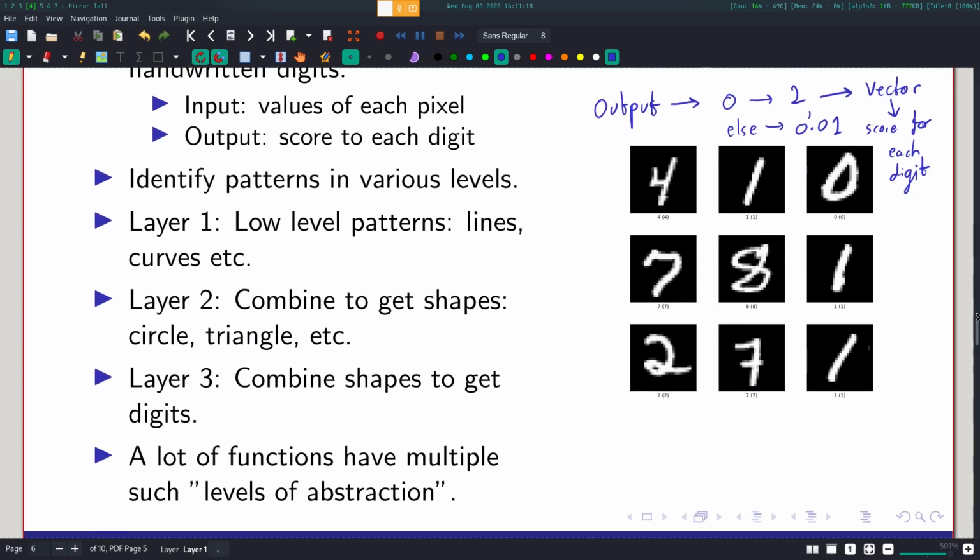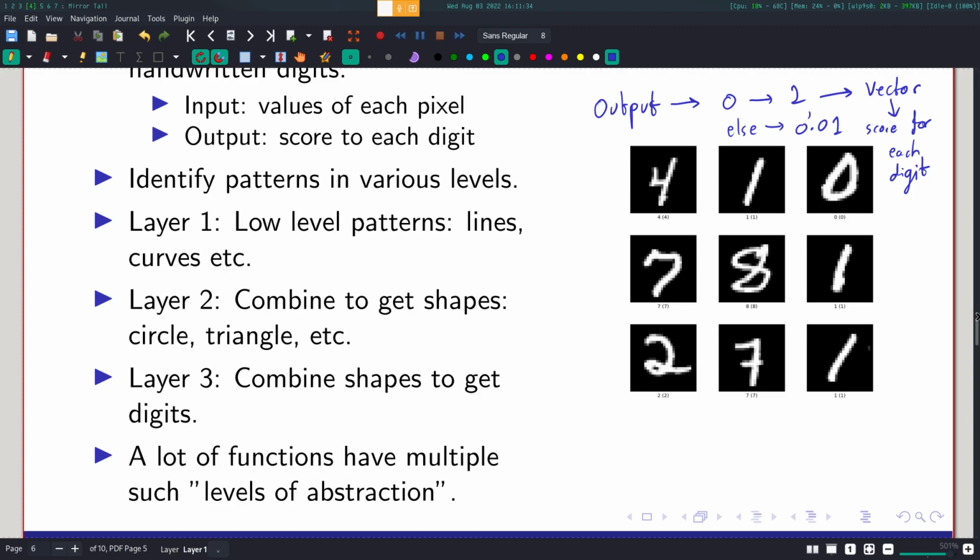Then what we intuitively expect to happen is that at each layer we'll compute patterns of higher and higher level of detail. So what do I mean by that?